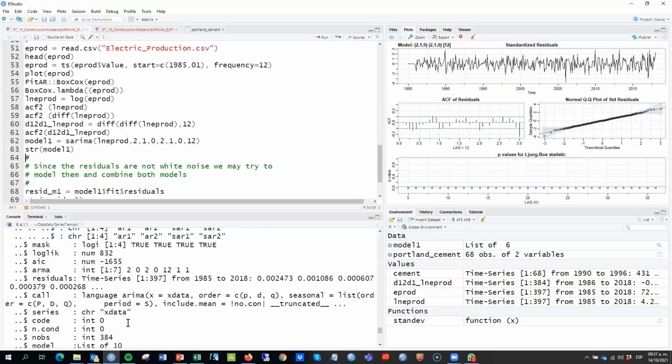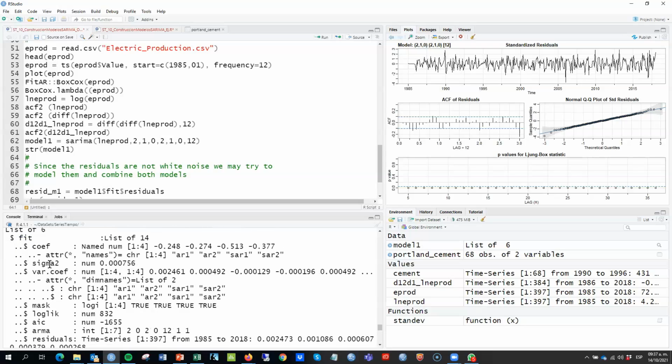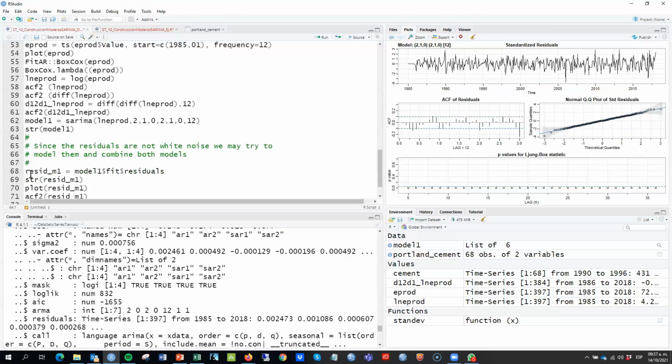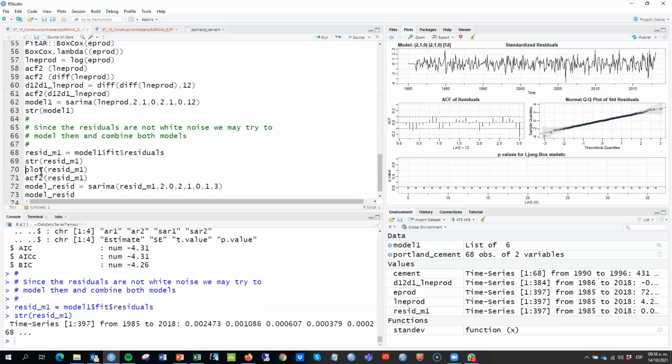I have several components, and in the component called fit, I do have the residuals, right? So I'm going to call it res M1 because these are the residuals of model one. It's a time series of 397 elements.